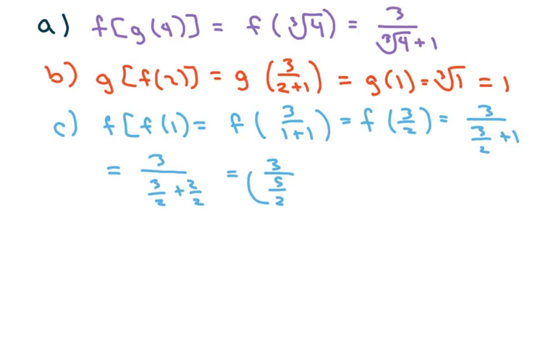And remember, you can multiply those two now. So that equals 6 over 5. And the last one, we have g of g of 0.